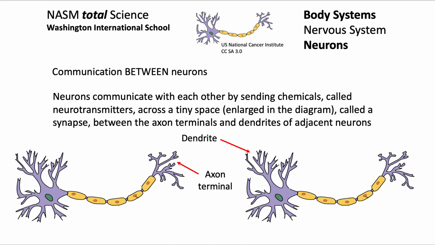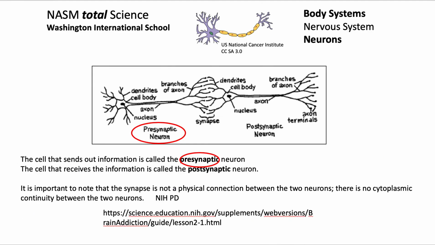So there is a small gap here in the diagram, it's been enlarged, between the axon terminal of one neuron and the dendrite of another. And there'll be chemicals passed, neurotransmitters pass through this space.